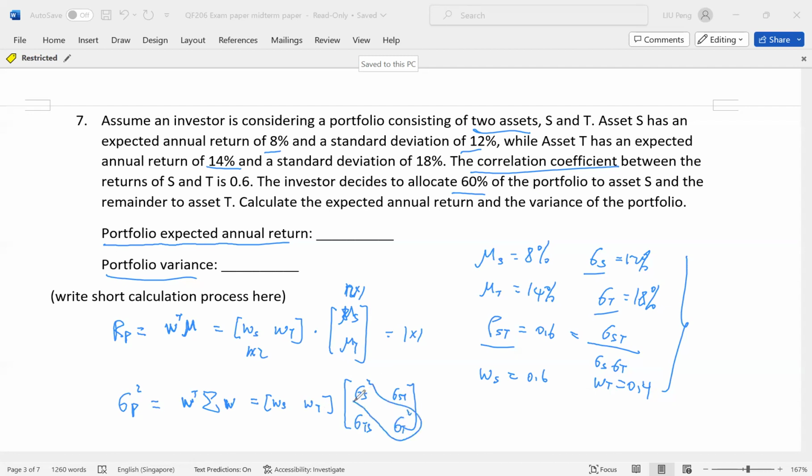This is their individual variance, and this is their covariance, which is equal to each other because it's just switching the place. All right, so this is what we call the covariance matrix. And then finally we have the column vector WS and WT.